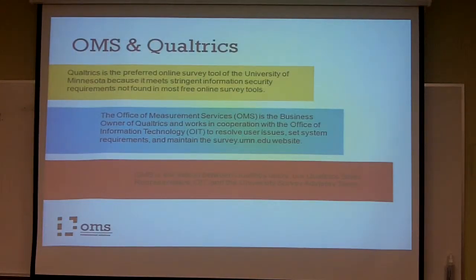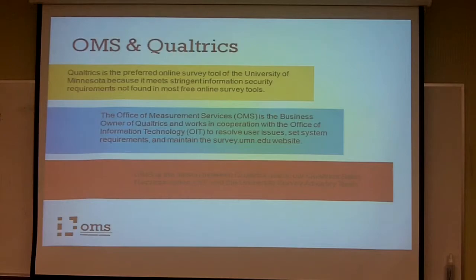Now, the relationship our office has with Qualtrics. Essentially, Qualtrics is the preferred online tool for the university because of its stringent data security. It's available to all students, staff, and faculty, and we encourage people to use that versus SurveyMonkey or SurveyGizmo for various reasons.